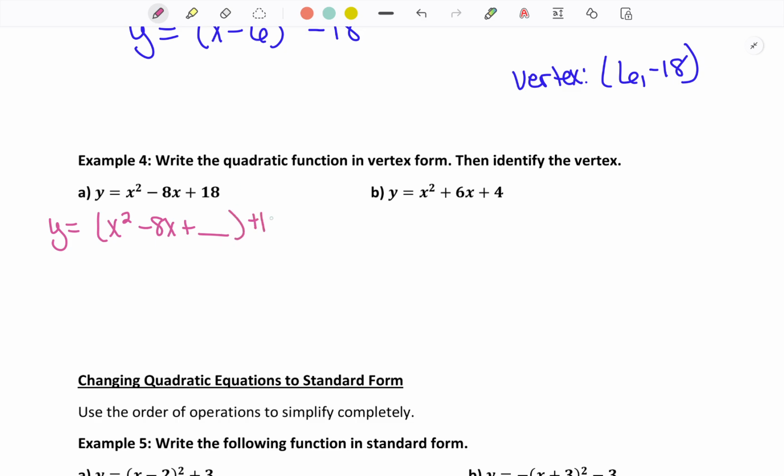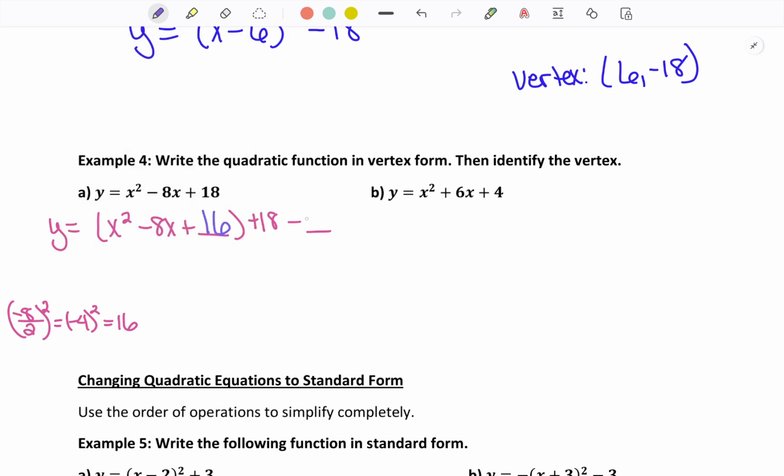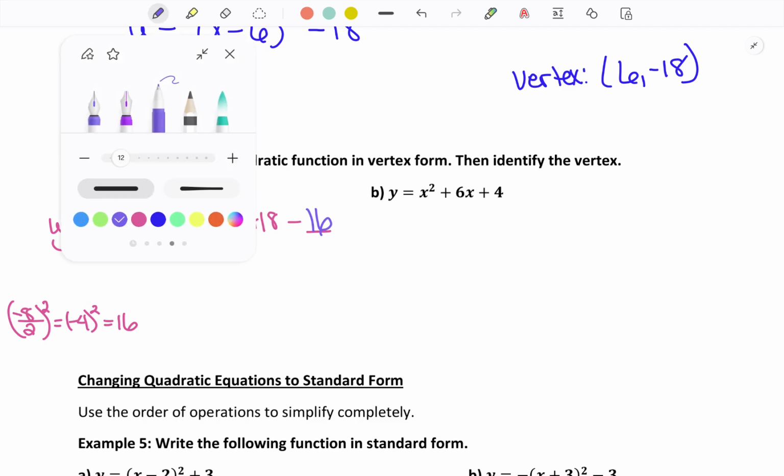We're going to put that 18 on the outside, and we're going to subtract whatever we add in from it. So then half of negative 8 is negative 4, which squared is 16. So we're going to have 16 in both the blanks, and then we will factor.